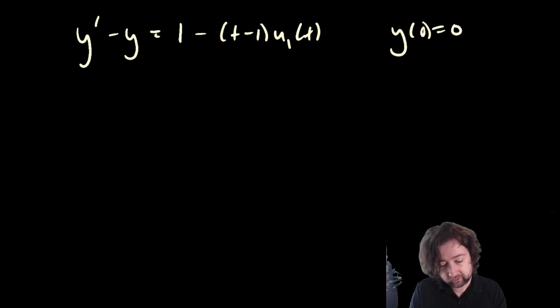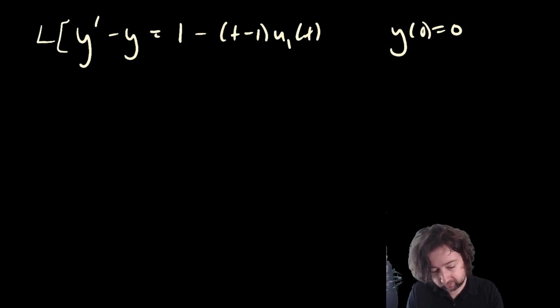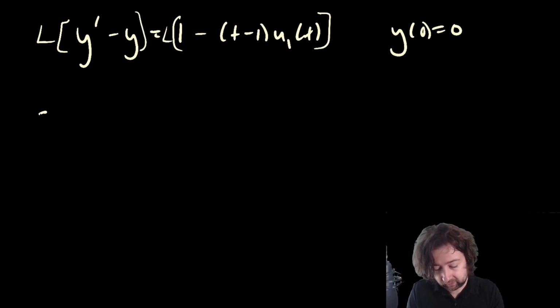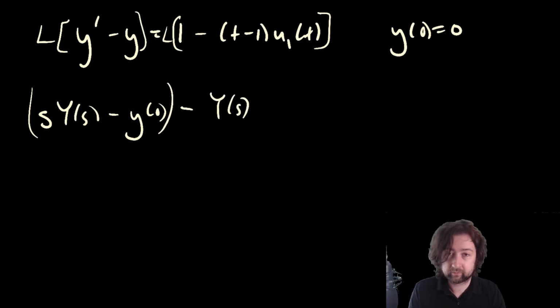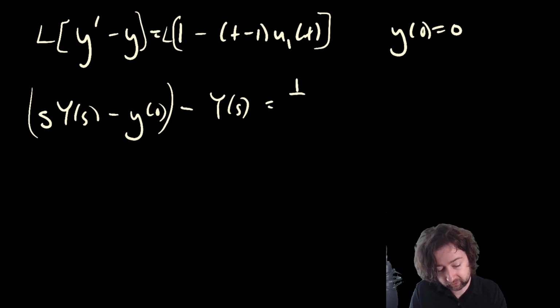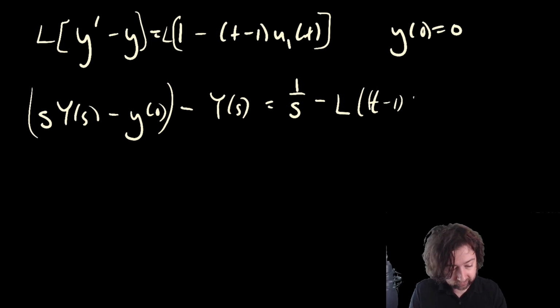All right, so hit it with a Laplace transform. And what are we going to get? So I'll apply L to this side, and L to this side, and I get s times capital Y of s minus y of 0, that's what y prime turns into, minus capital Y of s is equal to the Laplace transform of 1, which is 1 over s, minus the Laplace transform of t minus 1 times u1 of t.